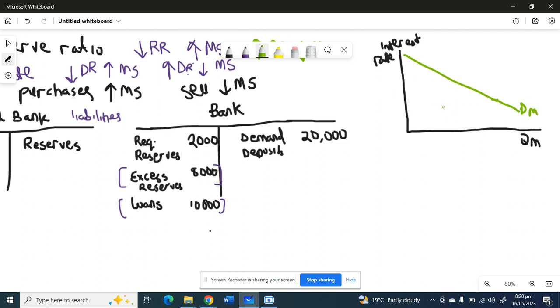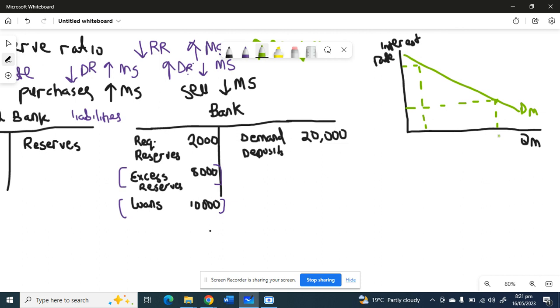Just remember, at high interest rates, the cost of borrowing is high, so people borrow less, thus the quantity of money is low. At lower interest rates, the cost of borrowing has reduced, which means you can borrow more. The more you borrow, the quantity of money increases.